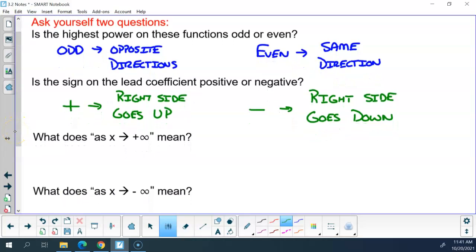And you'll have to give both sides. As x goes to positive infinity is the right side of your function, and as x goes to negative infinity is the left side of your function.